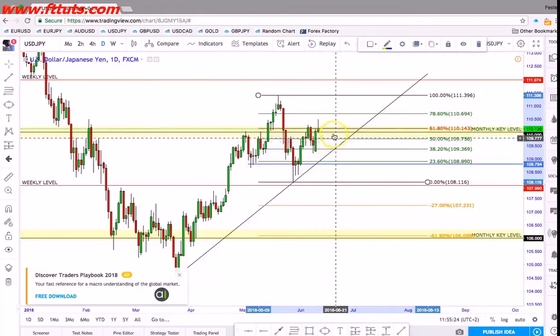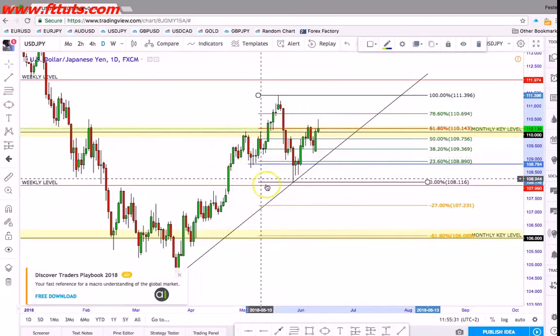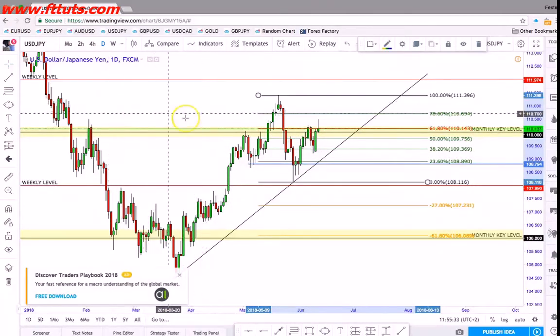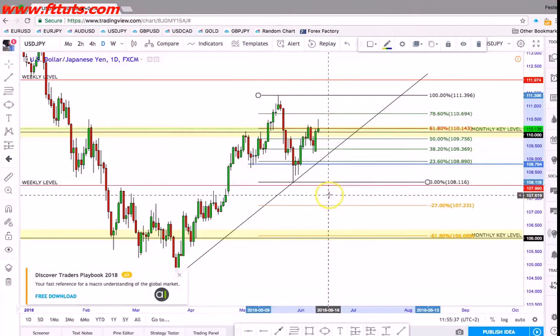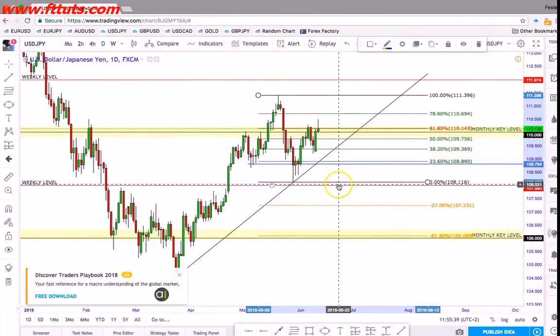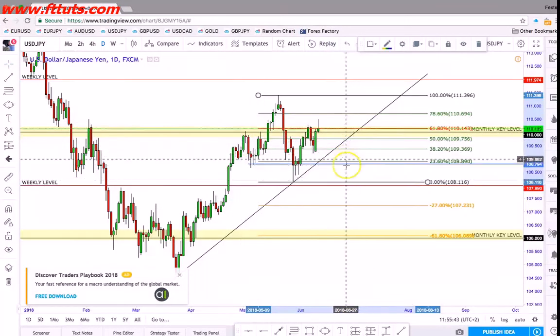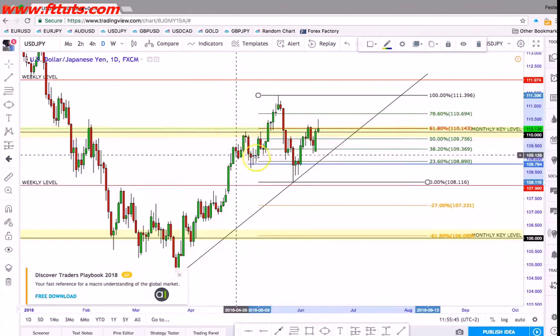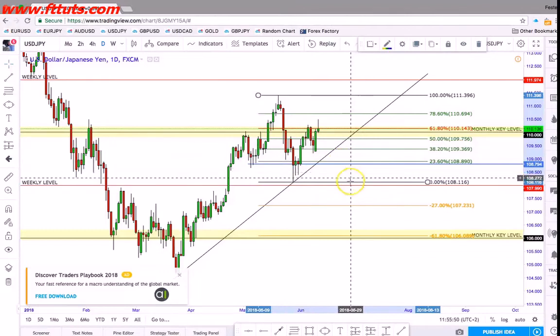Here's a 61.8 retrace, but we're respecting the trend line. So whenever you're on this side of the trend line, you're looking for buys. When you're on this side of the daily time frame, you're looking for sells. You don't want to buy on this side of the trend line. You want to buy on this side of the trend line over here, and you want to sell on this side.